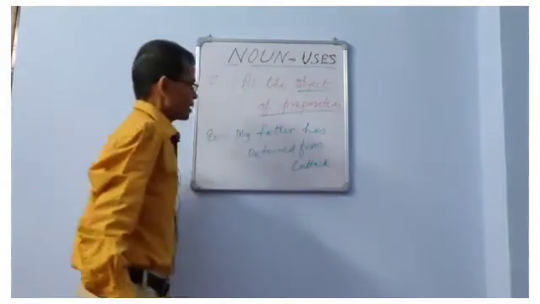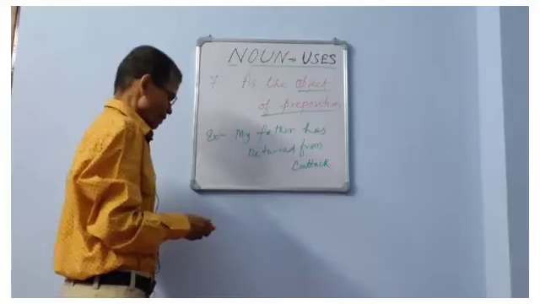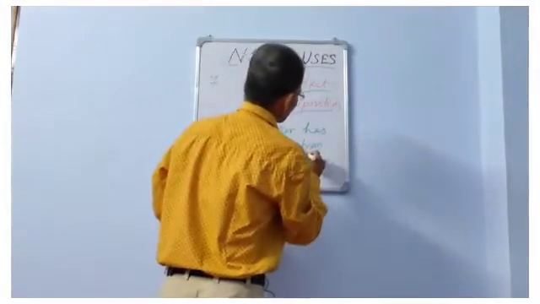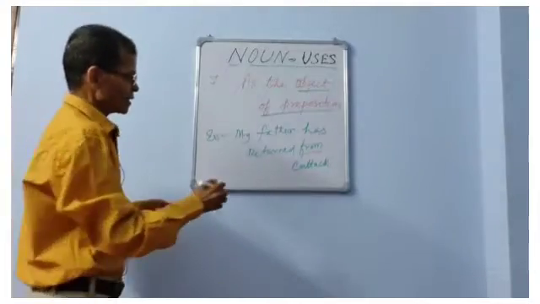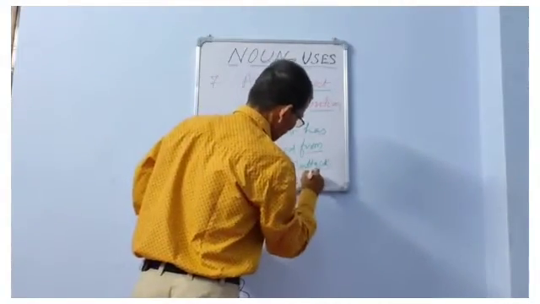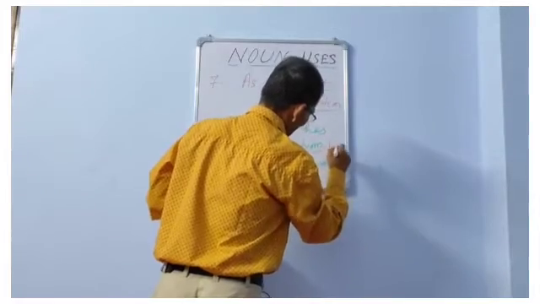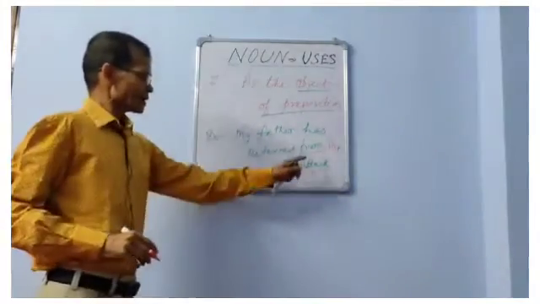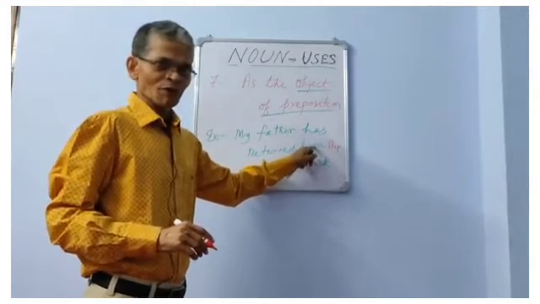Here, this is the preposition, from, and this is the noun. This noun is the object of this preposition from.